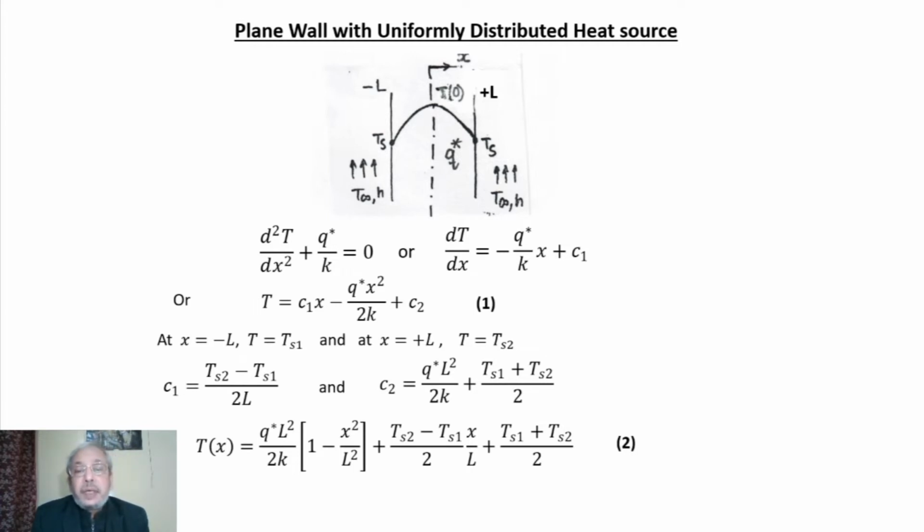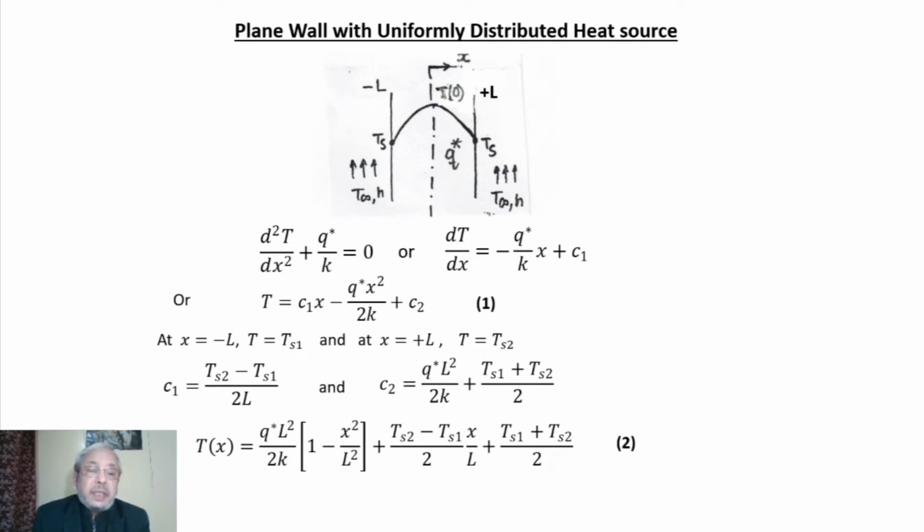If we integrate once, we get dT/dx equal to minus q star by k into x plus C1. Integrating again, we'll get T equal to C1 x minus q star x square by twice k plus C2.